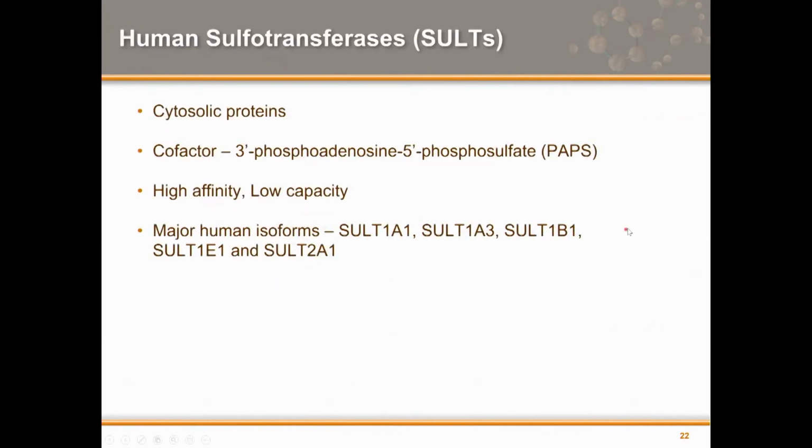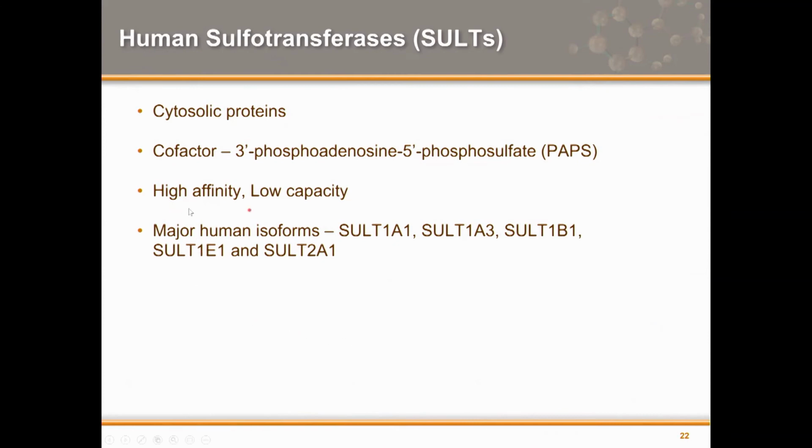The sulfotransferases that catalyze the sulfation conjugation reaction are called SULTs. These are cytosolic proteins. As I just mentioned, they require the cofactor PAPS. And in contrast to the UGTs, these are high affinity but low capacity.